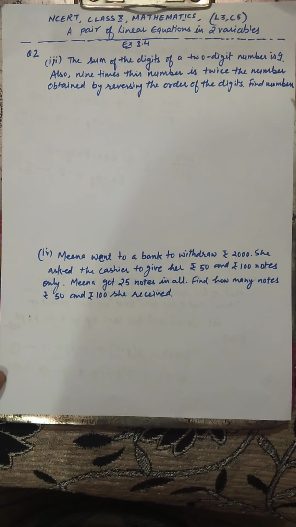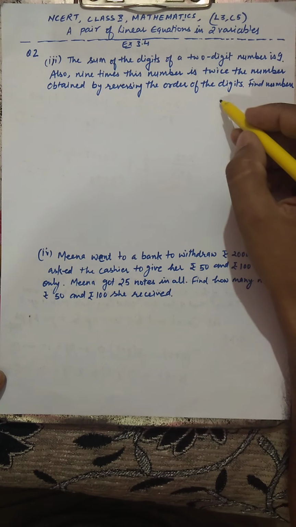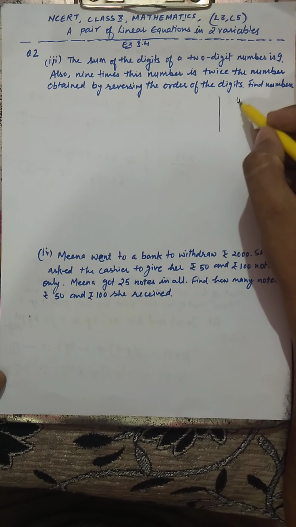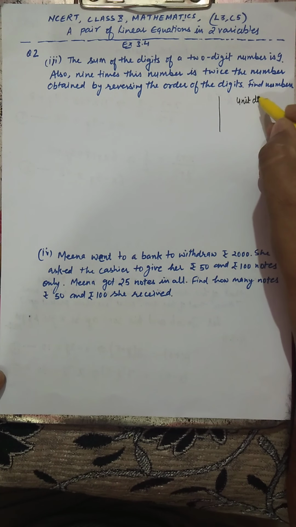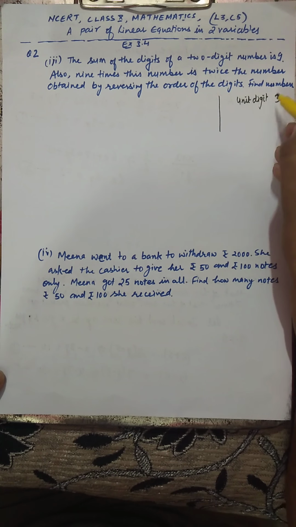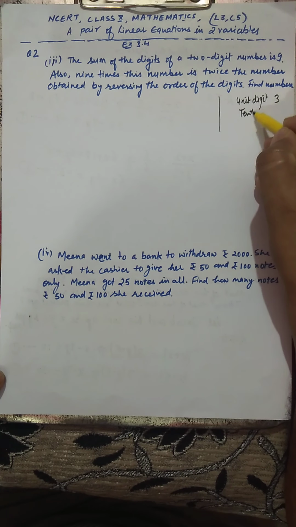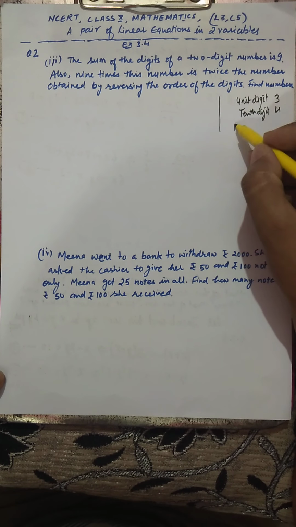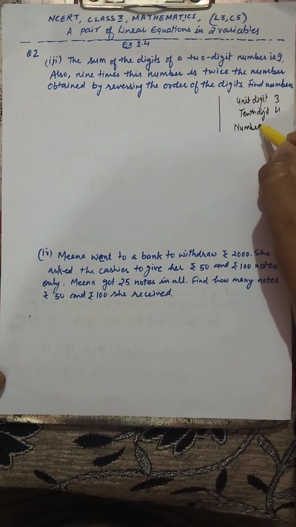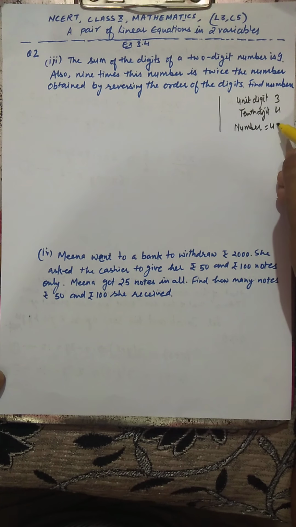Here you have to keep in mind how a 2-digit number is formed. If I take the example where the unit digit is 3 and the tens digit is 4, then the number is not written like 4 3.